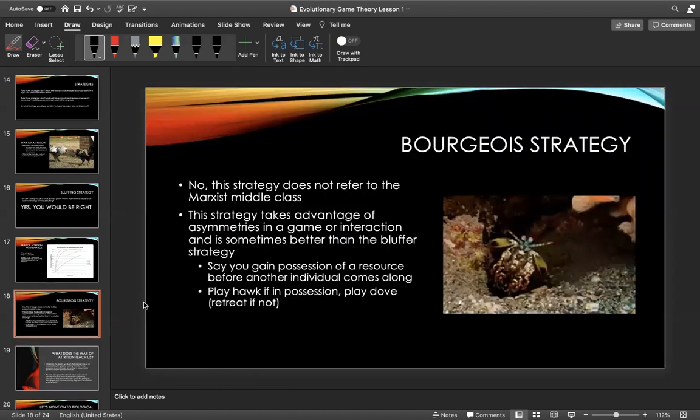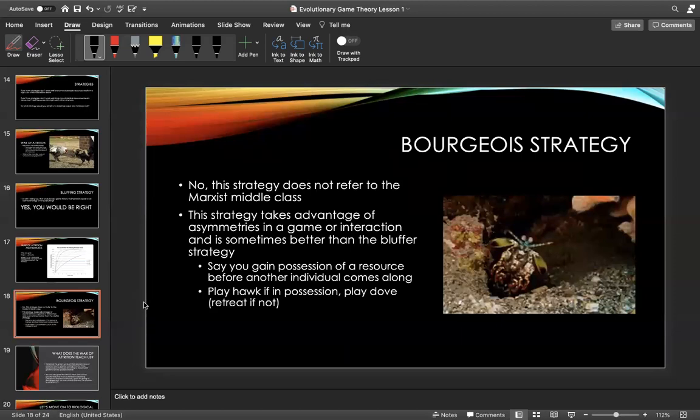Krish mentioned this earlier, but the bourgeois strategy was essentially a strategy that takes advantage of asymmetries. It's often associated with being very observant. Say you gain possession of a resource before an individual comes along, you might be more inclined to play hawk because you want to be more aggressive, because you already have that domination, you're on that resource first.